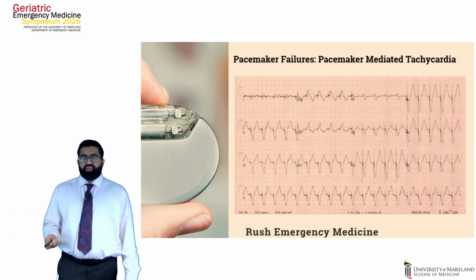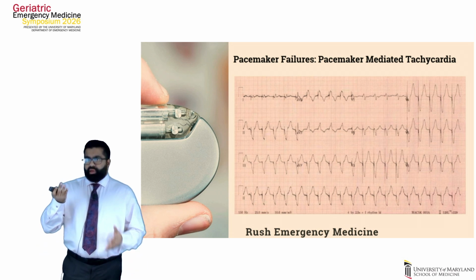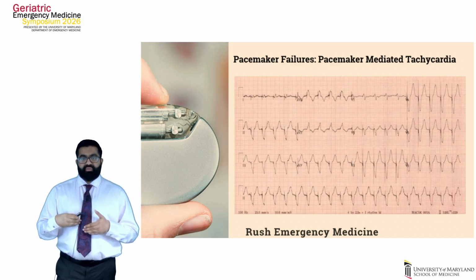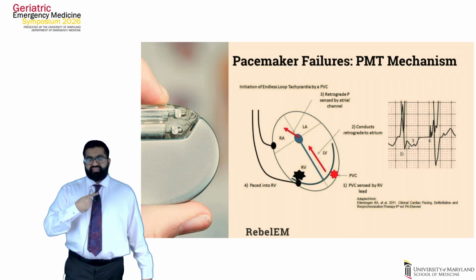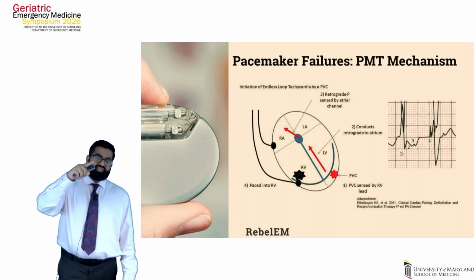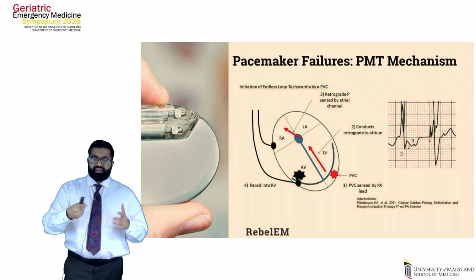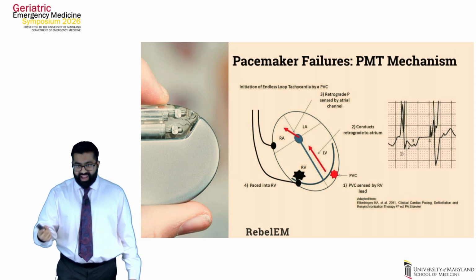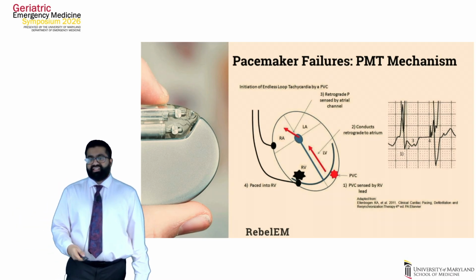Now, this is a little bit rare, but if you can imagine that a heart seeing these leads for the first time, the leads possibly irritate the myocardium and send out a PVC, well, that PVC can go up the conduction system and go retrograde, trigger an atrial beat, and then create a feed-forward cycle, an endless tachycardic loop, which then results in pacemaker-mediated tachycardia.